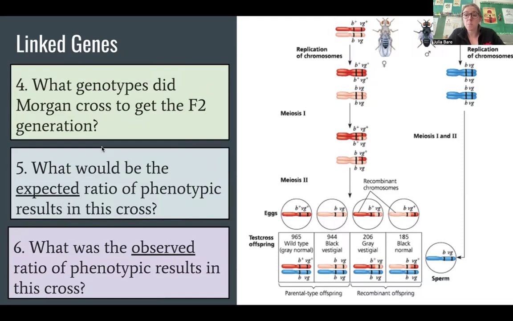What would be the expected ratio of phenotypic results in this cross? And what was the observed ratio of phenotypic results? Again, this is mostly analyzing the diagram, but there is going to be some math that you'll need to do. So take a look at this diagram. Pause the video and make sure you're trying to answer all these three questions.